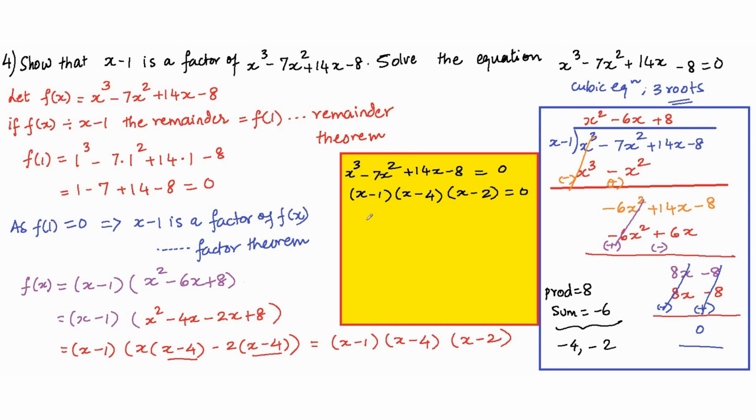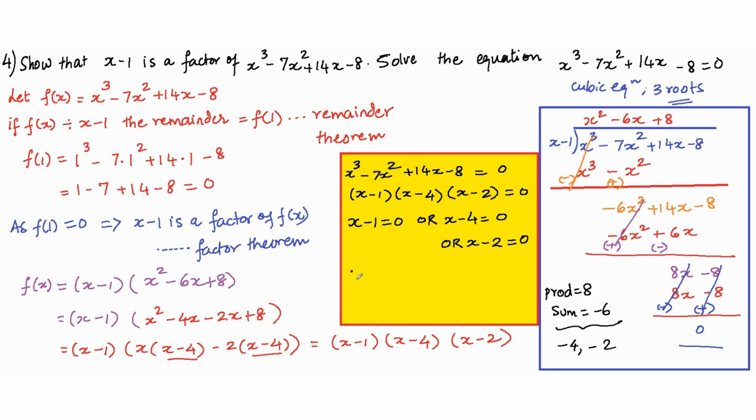So if product of three numbers is 0, then one of them has to be a 0, which means x minus 1 should be a 0, or x minus 4 should be a 0, or x minus 2 should be a 0, right? One of them has to be 0 if the product is supposed to be 0.